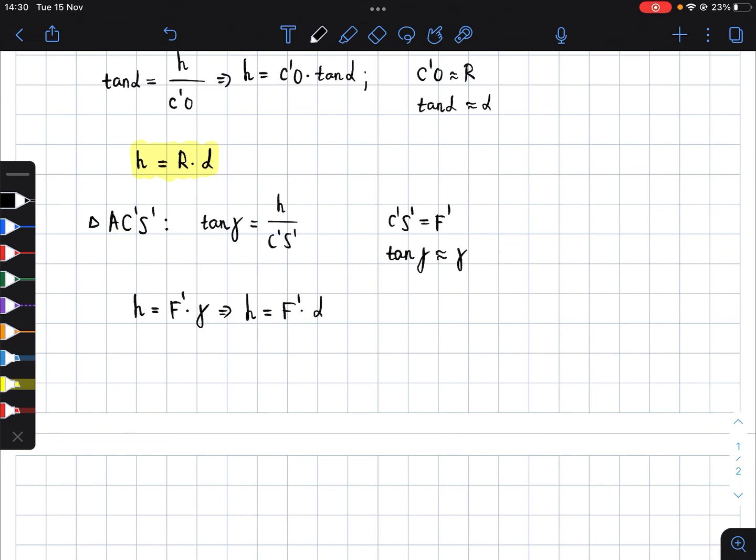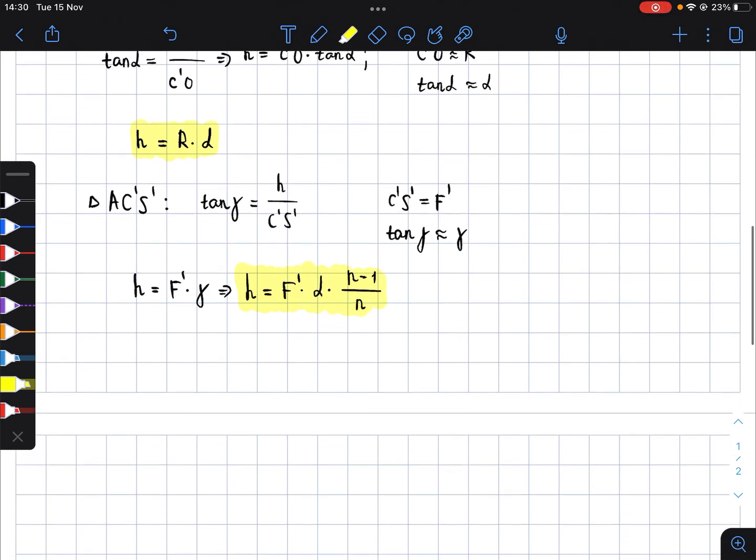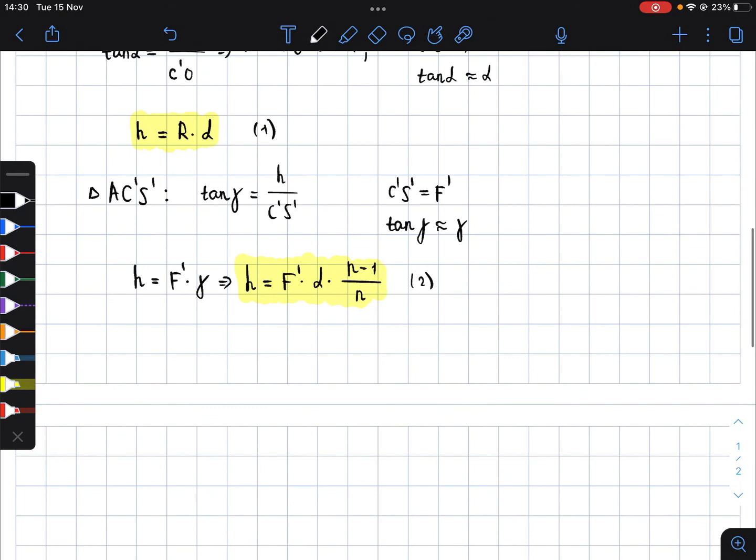Gamma is equal to alpha multiplied by n minus 1 divided by n. So we have another equation for H. Let's call this equation first, and this one the second equation, so first equation is equal to second equation.